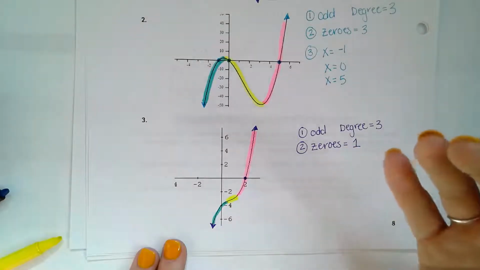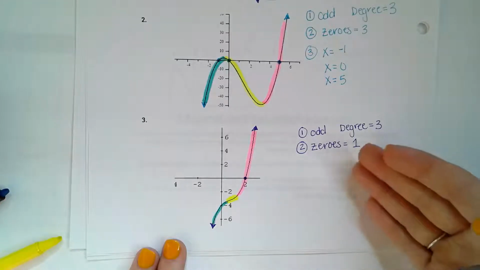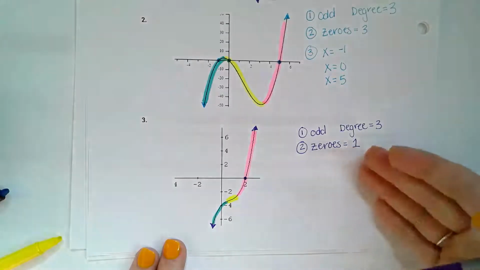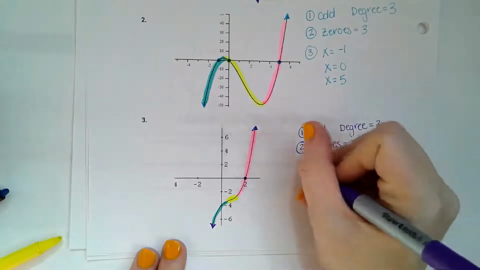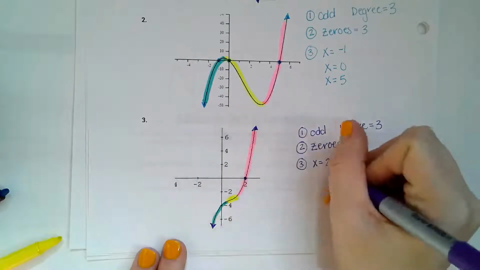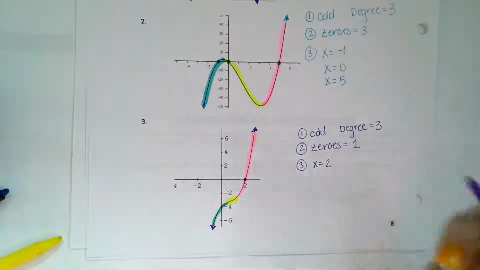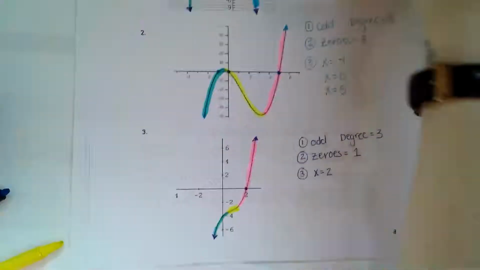But there are still 3 zeros, just 2 of them are imaginary, so we don't have to solve for those. So we only have 1 zero here, and that's when x equals 2.